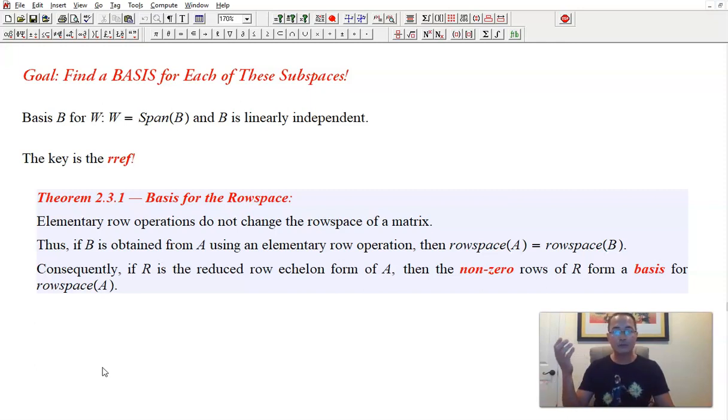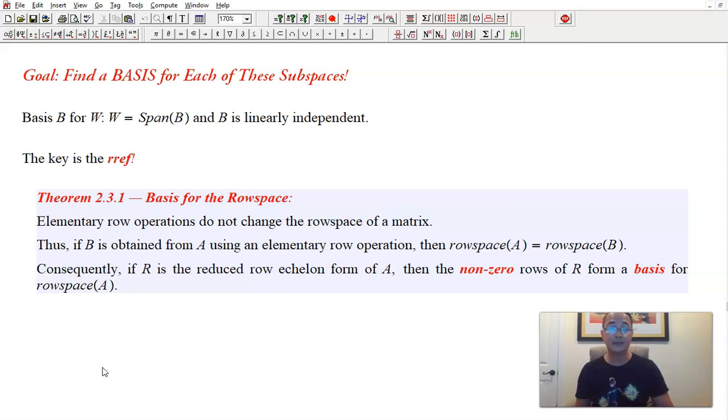So given row 2 of B, to get the original row 2 of A, you subtract 4 times row 1 of A from row 2 of B. And remember that row 1 of A is exactly the same as row 1 of B. So therefore, a linear combination involving the new row 2 found in B can still be expressed as a linear combination of the old row 2 from A.